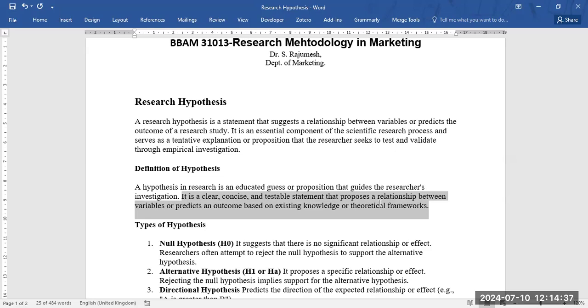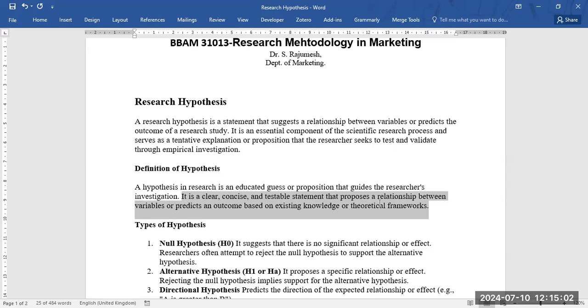As I said earlier, it is an educated guess, which means it is based on existing knowledge or theoretical frameworks, which you all know are always derived from existing research literature.